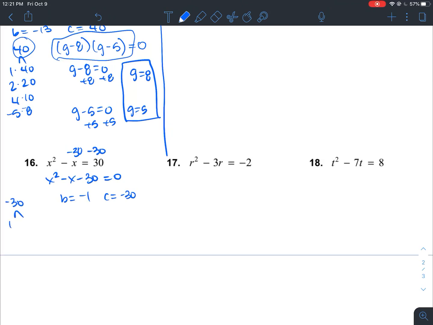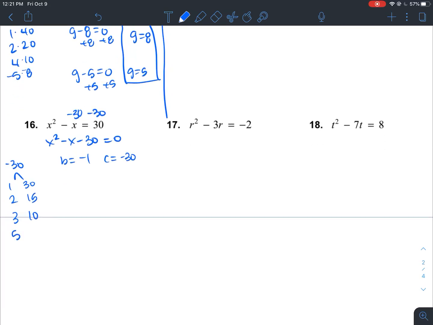That's 1, 30, 2, 15, 3, and 10, 5, and 6. So is there a pair of numbers that combine to be negative 1? That would have to be this pair, where it would be negative 6 and positive 5. So we have x minus 6 and x plus 5. And this is equal to 0.